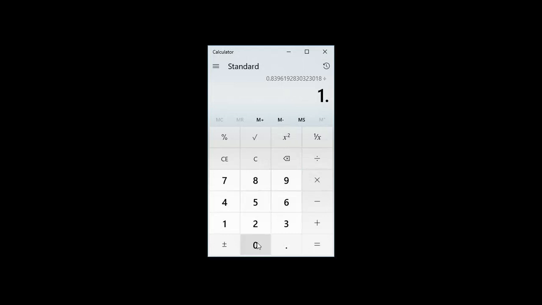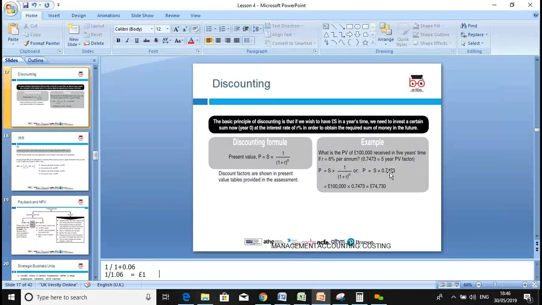After 4 years, because every year we're depreciating, it will be 79 pence. In 5 years, it's 0.74. So in 5 years, this 1 pound value will drop down further to 0.7473. That's what is meant.